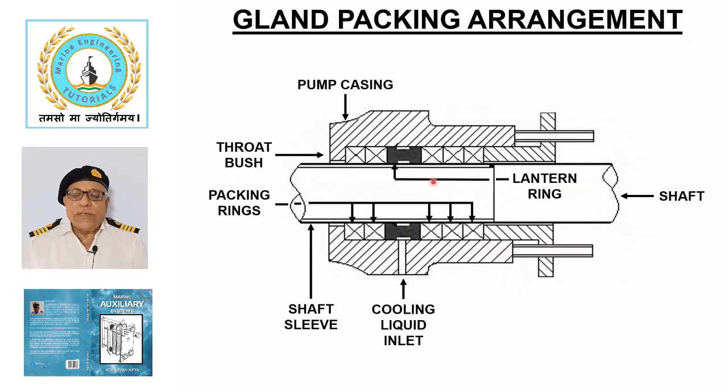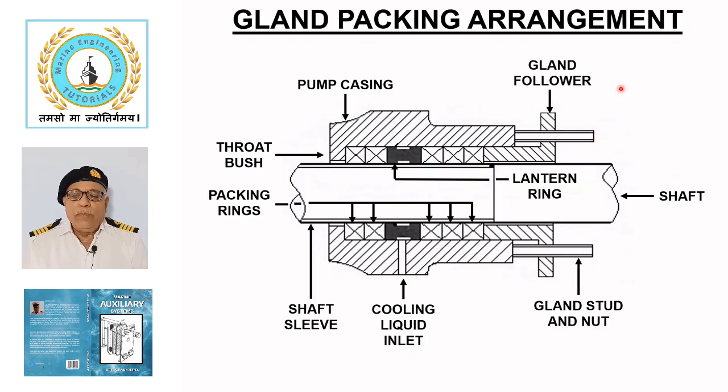In most of the cases, a lantern ring is provided between packing rings which supplies pressurized working fluid for cooling and lubrication. Part of the cooling liquid returns back to the pump's low pressure side.